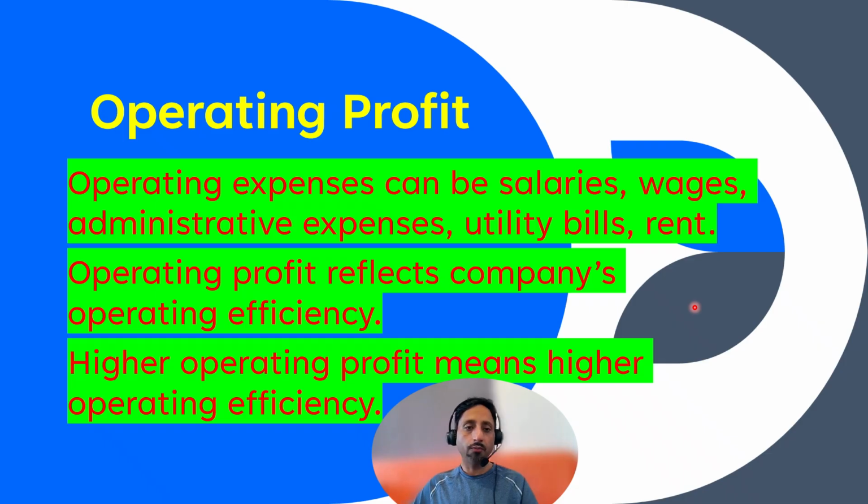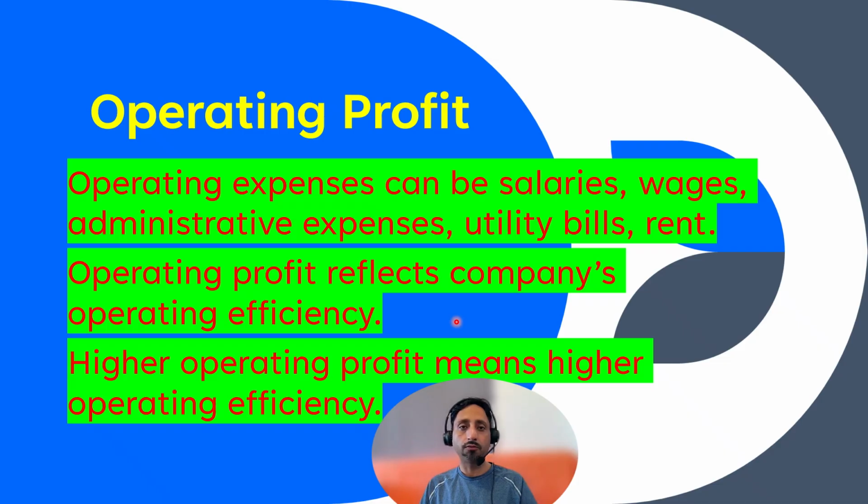So operating profit basically is a very important profit because it reflects the company's operating efficiency. That is how efficiently the operations are being conducted in an organization, and as a result of efficiently conducting the operations, how much profit has been generated.